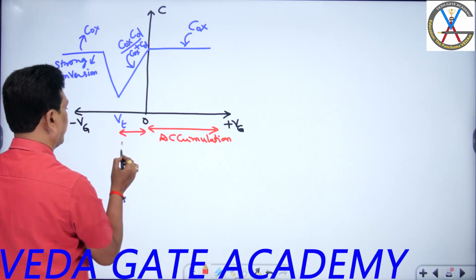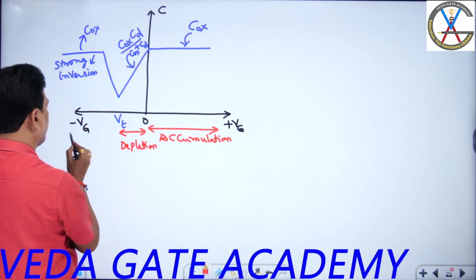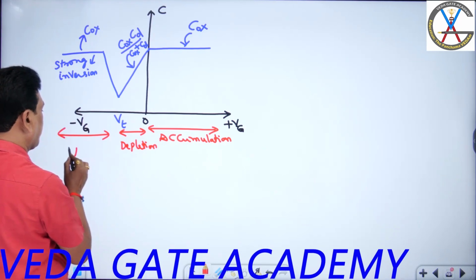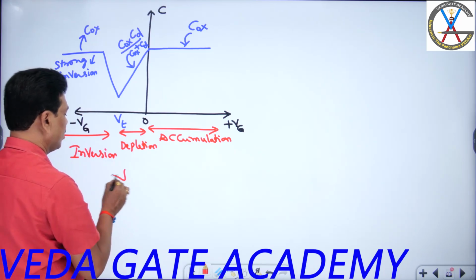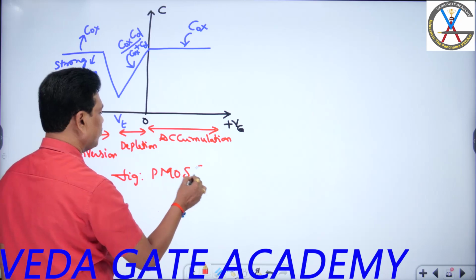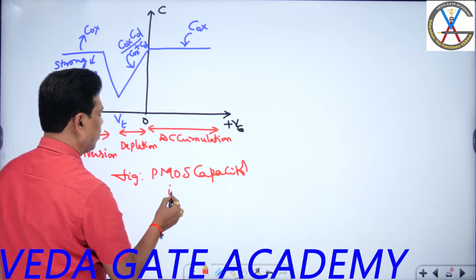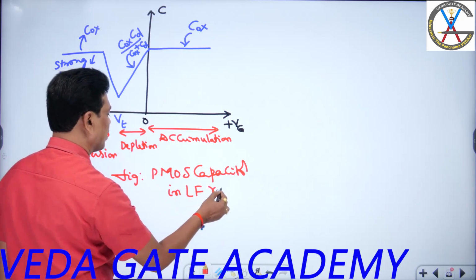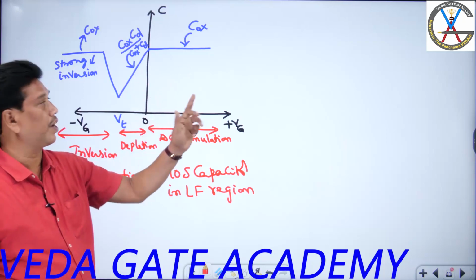Depletion, you can call. And this one is what, sir? Inversion, you can call. So this is the PMOS capacitor graph in low frequency region, sir. PMOS capacitor graph in low frequency region, you can call.